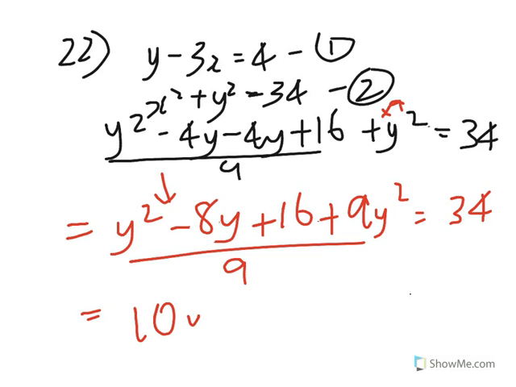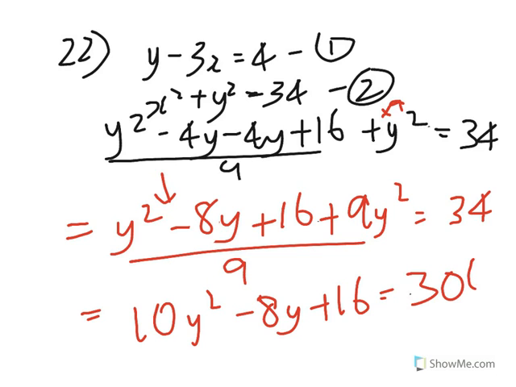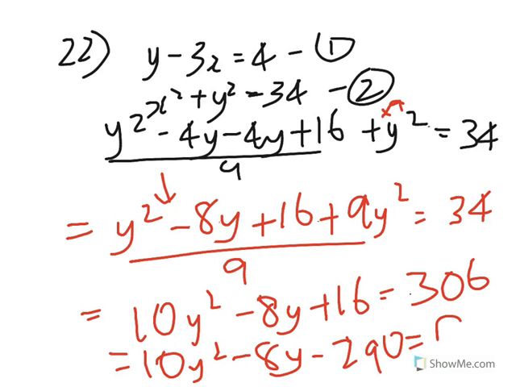I'm going to get 10y squared minus 8y plus 16 is equal to 9 multiplied by 34, which is nothing but 306. And now subtracting 306 on both sides, I get this equation: 10y squared minus 8y, and 16 minus 306 is nothing but minus 290, is equal to 0.